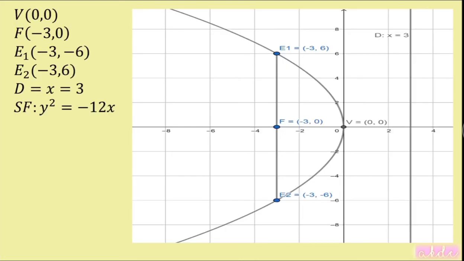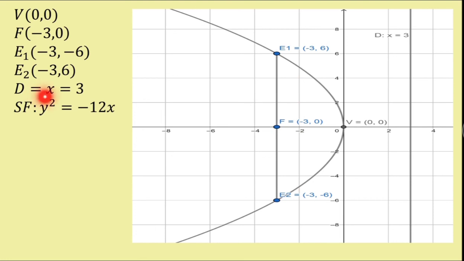For the graph, the vertex is at (0, 0). The focus is at (negative 3, 0). Endpoint 1 is at (negative 3, negative 6), and endpoint 2 is at (negative 3, 6). Anyways, endpoints 1 and 2 can interchange in label.